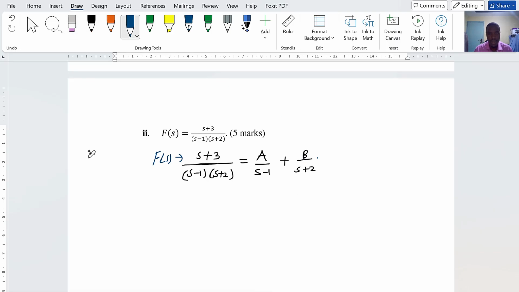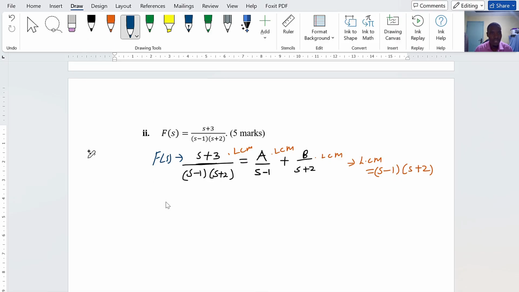So we are going to multiply each by the LCM. So times the LCM, times the LCM, and times the LCM. Now here, our LCM is the product of the denominators. So LCM equal to s minus 1 times s plus 2.